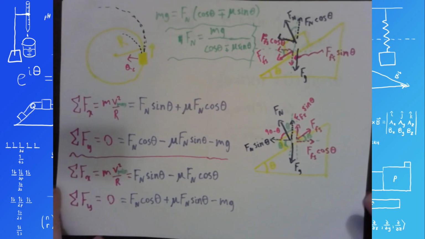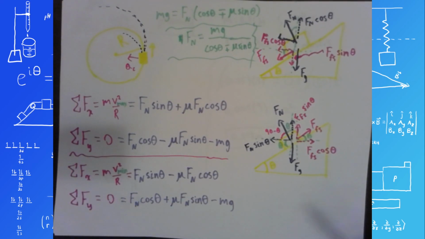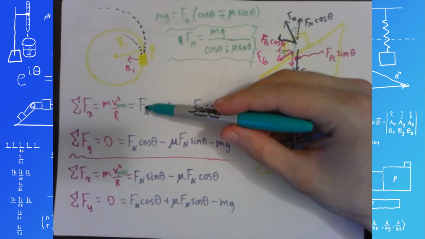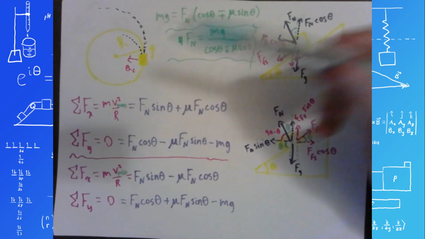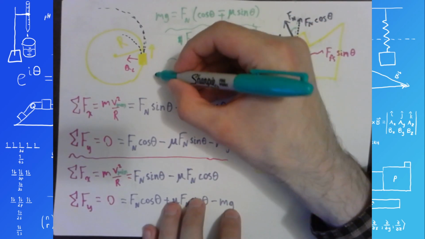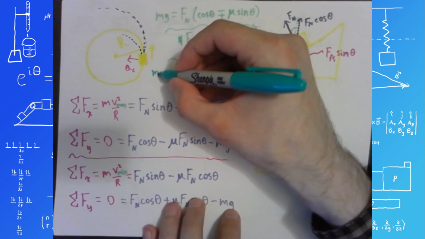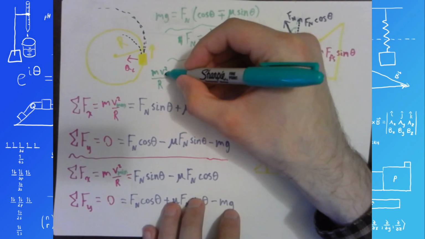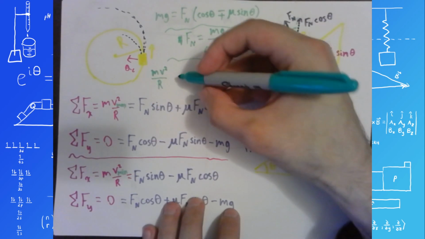It just helps make our notation a little bit more compact. Anyway, I can substitute this into the horizontal equations. So for the horizontal equations, I'm going to have mv squared over r. I'm not specifying whether it's v max or v min.